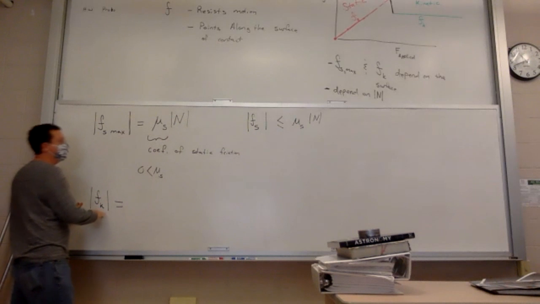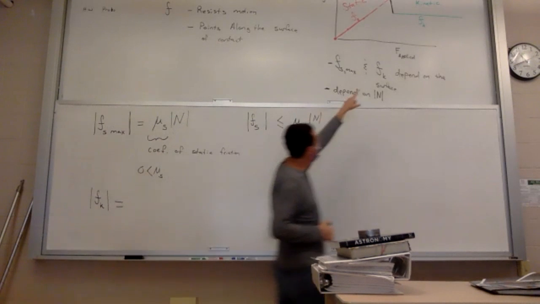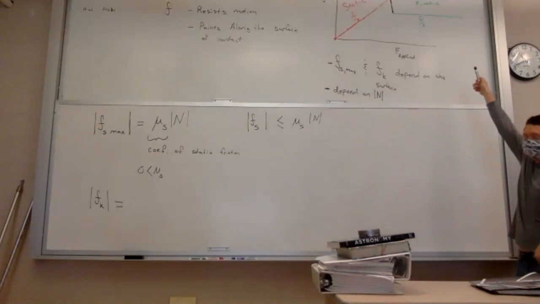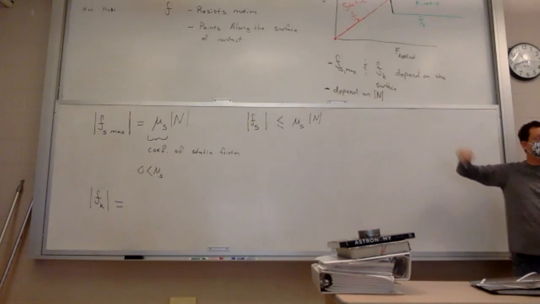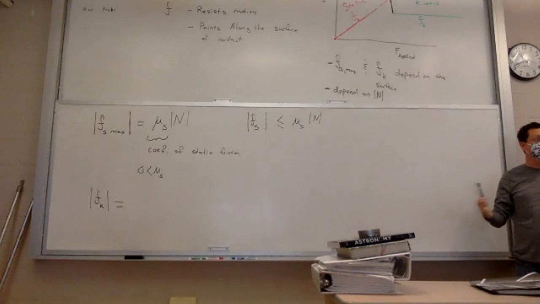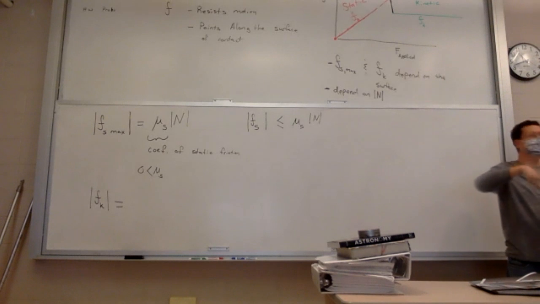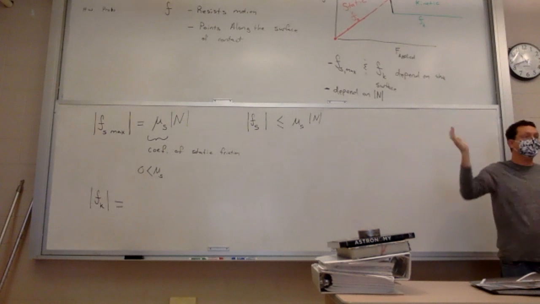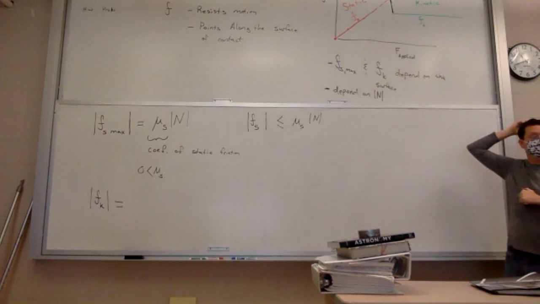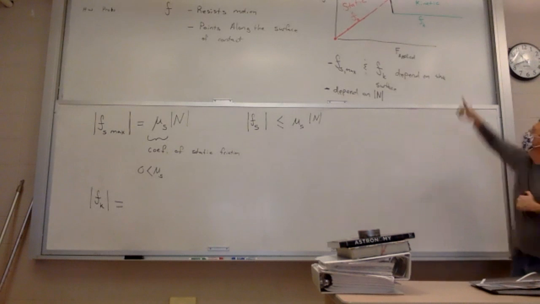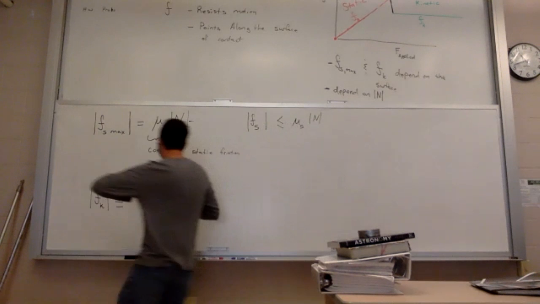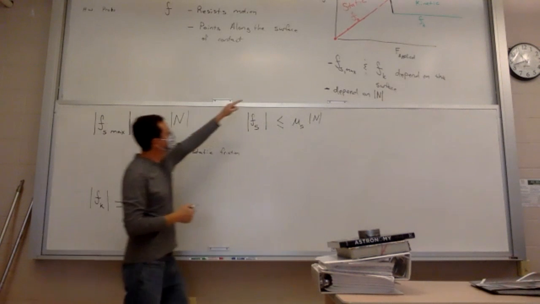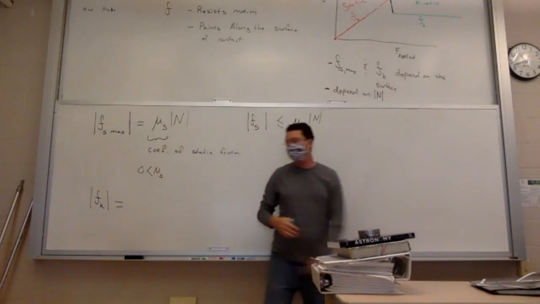On the other hand, once you know it's sliding, when it's kinetic friction, that's just a horizontal line. It's just a constant, independent of the velocity or the acceleration or anything else. It doesn't matter. Once you know it's moving, it's sliding, that F sub k is just a constant value. And again, it depends upon the surface and the normal force.